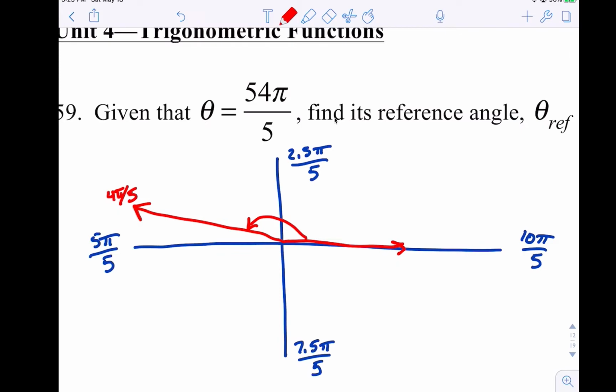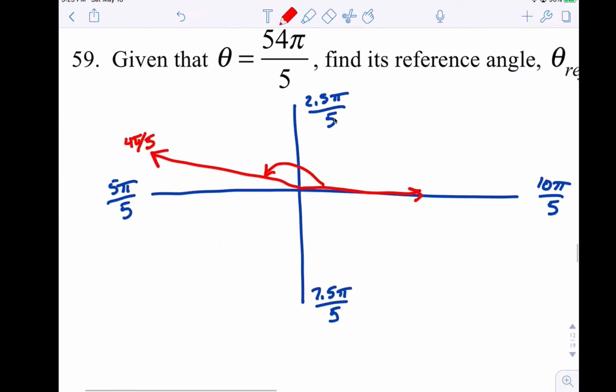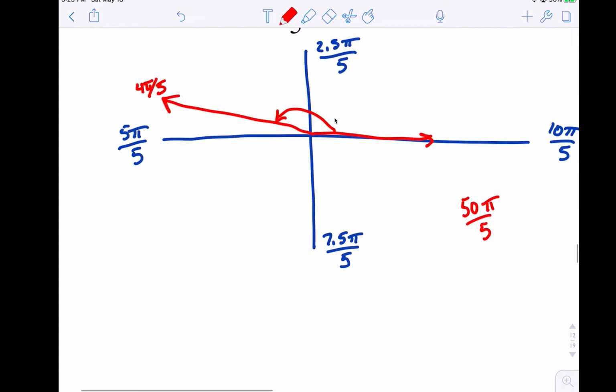Because I figured out how many full rotations I have, right? So I have 5 full rotations, which gives me 50 pi over 5. That means I still have 4 pi over 5 left, so that is my coterminal angle there.